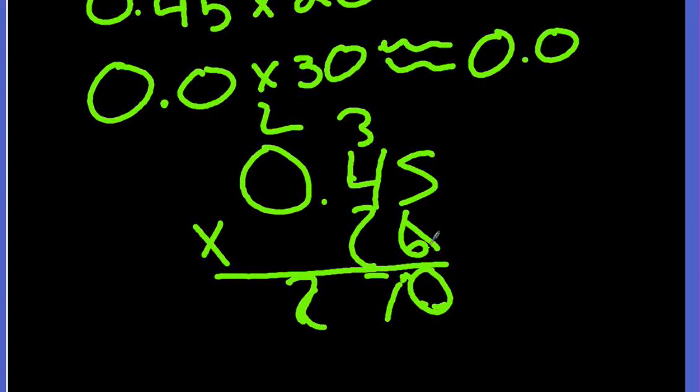Cross out and add a 0. 2 times 5 is 10. 2 times 4 is 8, plus 1 is 9.